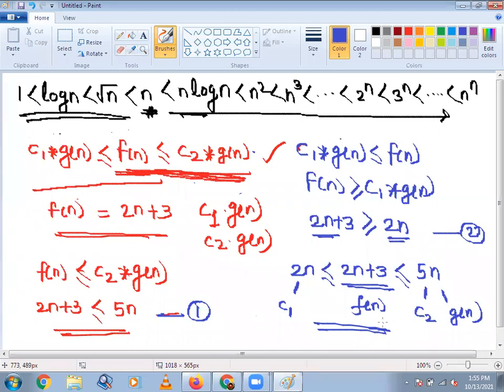Okay, we are going to draw the graph of this theta notation.